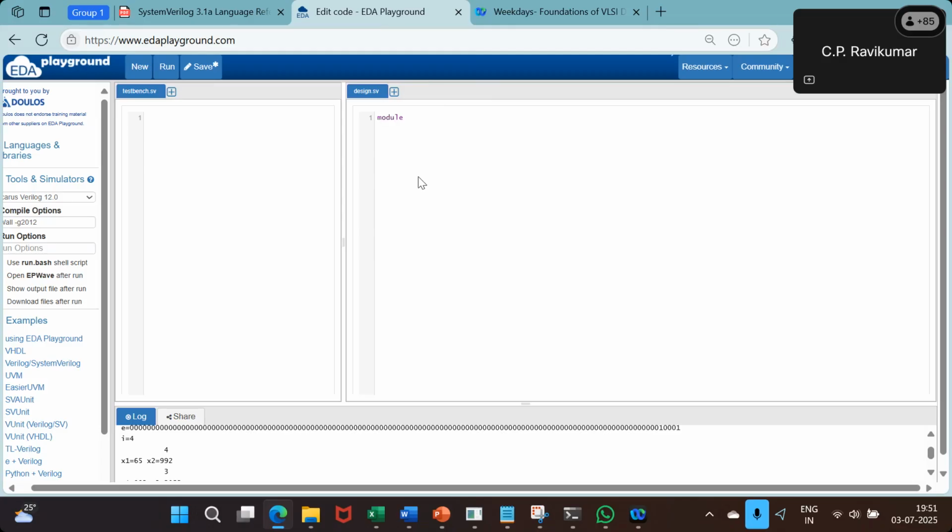So module, what is it called? Euclidean distance. So what do you think we should have? What are the inputs and outputs?